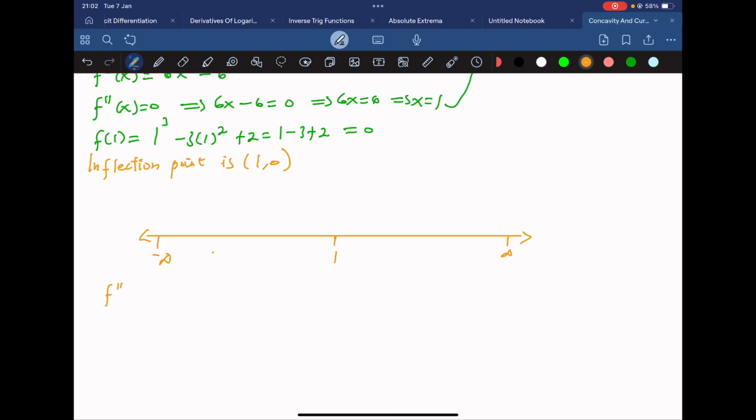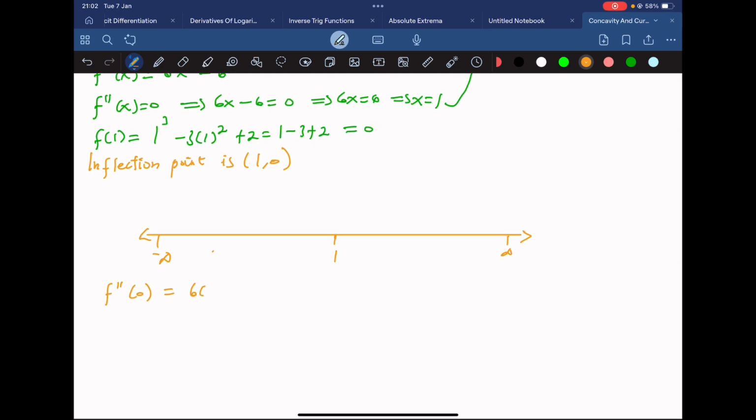We remember that to find the concavity, you evaluate the second derivative. So our second derivative was 6x minus 6. So in this case, we have 6 times 0 minus 6, and this is negative 6. So it means that this is going down. And now between 1 and infinity, we can pick 2. So we have f double prime of 2, and this is 6 times 2 minus 6, and this is 12 minus 6, which is positive 6. So it means this goes up.